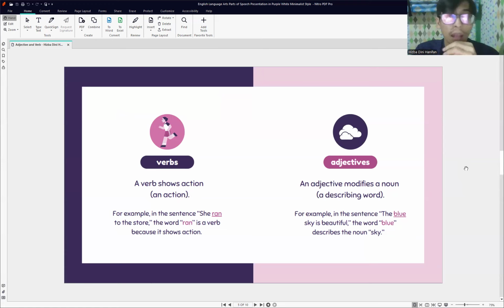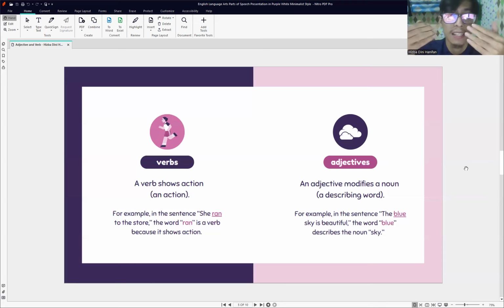An adjective modifies a noun. Also, we can say a describing word. For example, the blue sky is beautiful. The word blue itself describes the noun, which is sky. What kind of sky? The blue sky. And the word beautiful is also an adjective. This word beautiful falls within the definition of adjective.